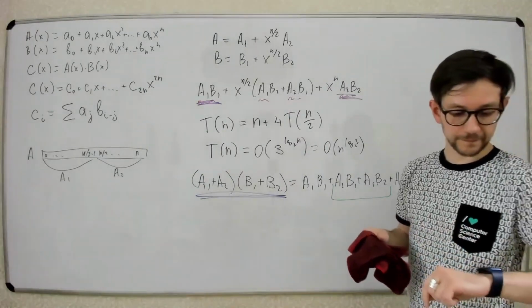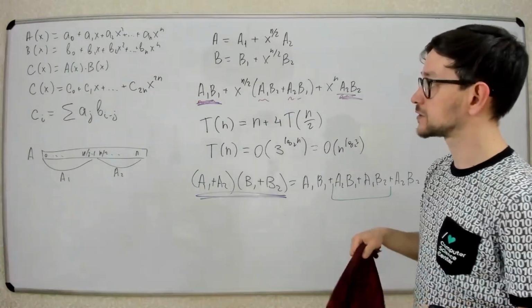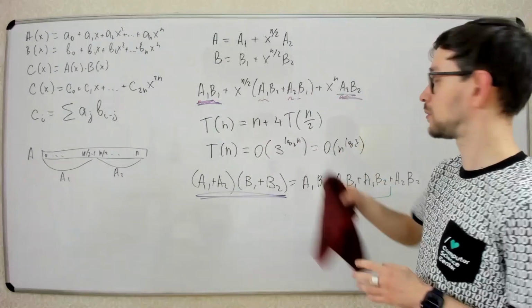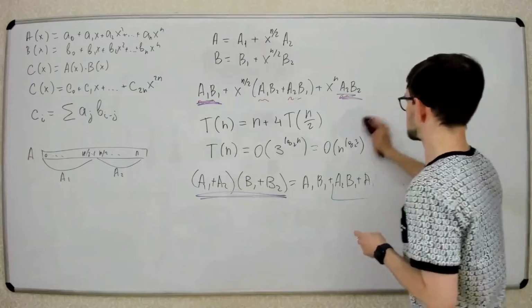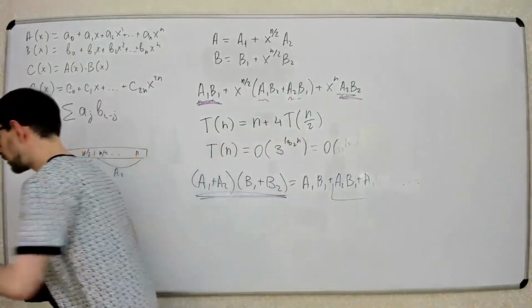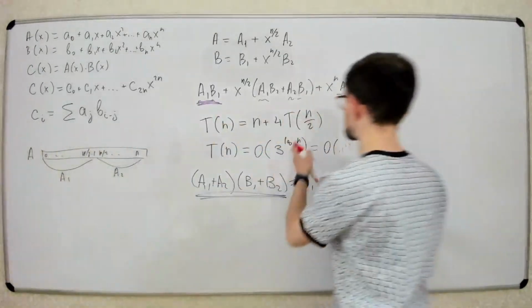Let's go. So what is the idea behind the fast Fourier transform algorithm for the multiplication of 2 polynomials?